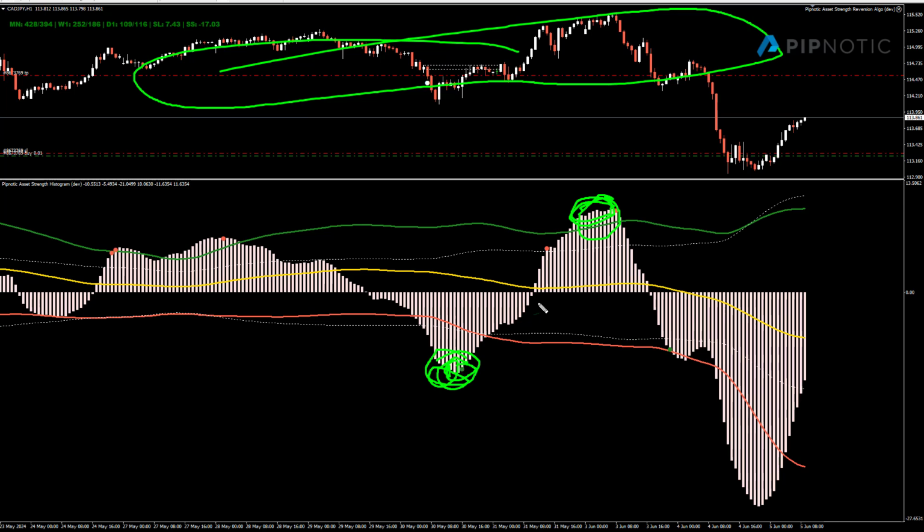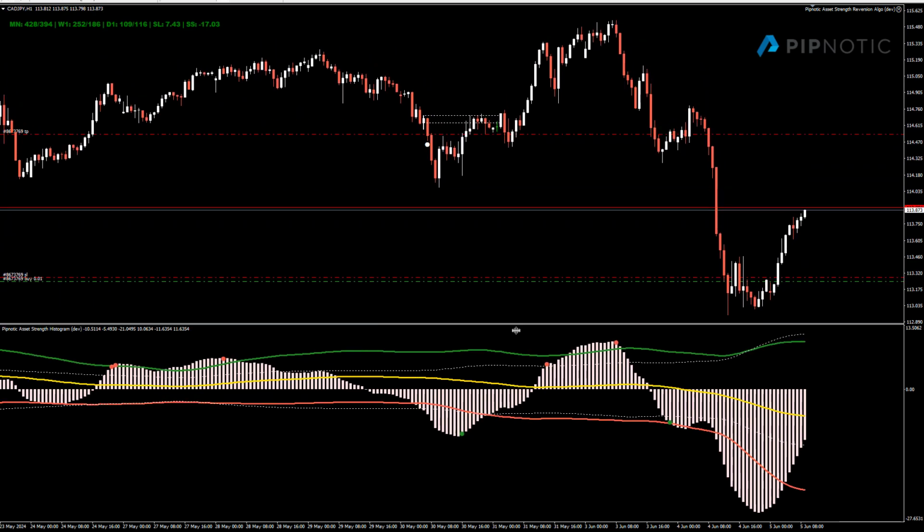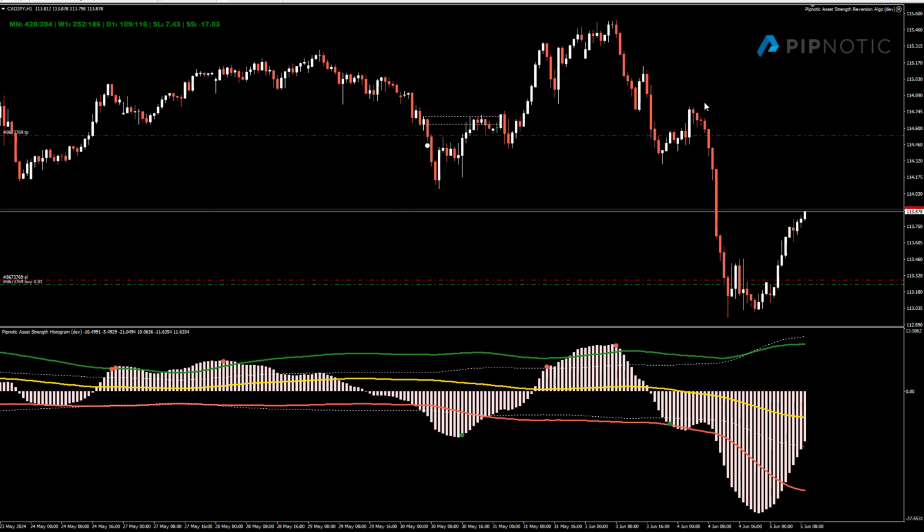Okay, so what the ASR does, and the histogram super effectively, is wait for this to happen. We're not doing anything until prices move above or below the buy and sell zones.